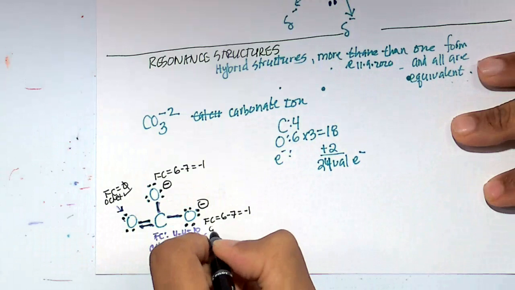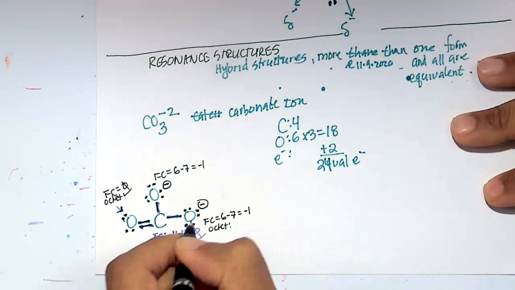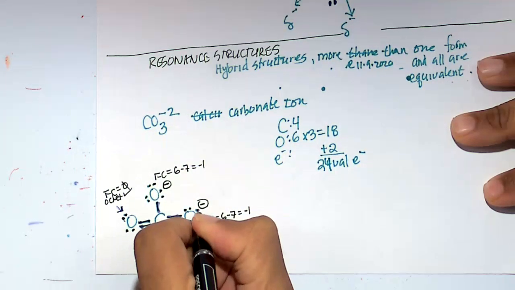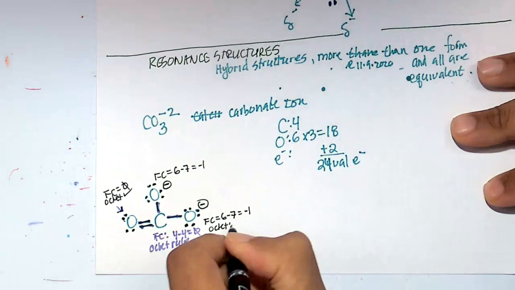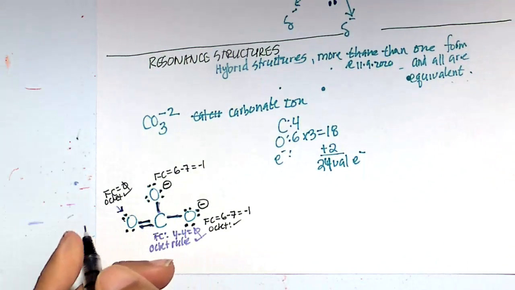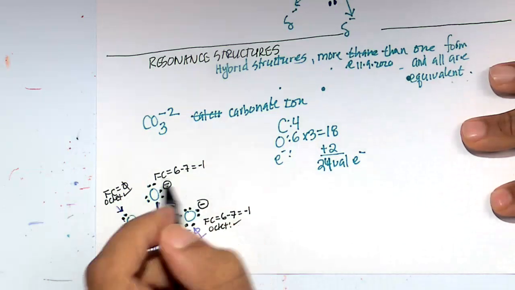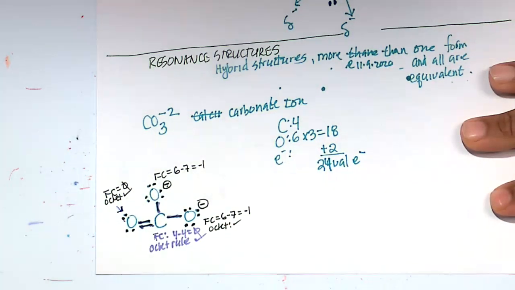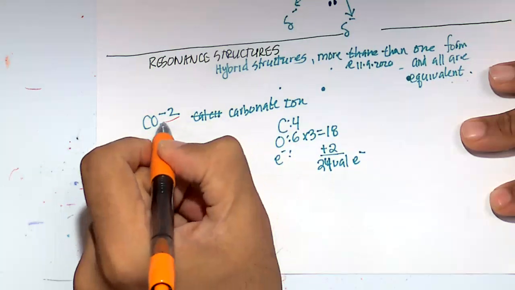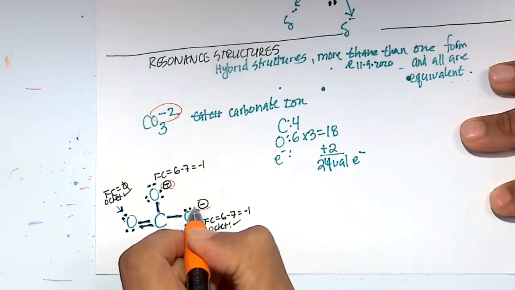What about the octet rule? 1, 2, 3, 4, 5, 6, 7, 8. Octet rule is satisfied. So minus 1 here, a total of minus 2. That tells you where the minus 2 comes from.